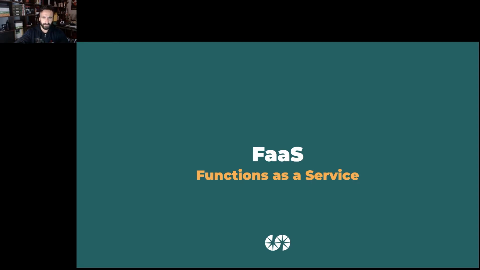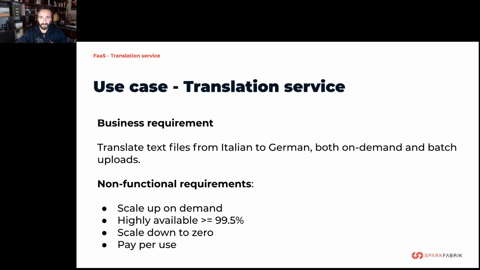I will explain what serverless functions are by using a real-world business scenario, an example of development of a cloud-native product considering both parts, coding and cloud architecture. So let's imagine that we have been asked by our business department or by one of our customers to implement something to translate text files coming from different sources, from Italian to German, and they also provide us a list of non-functional requirements.